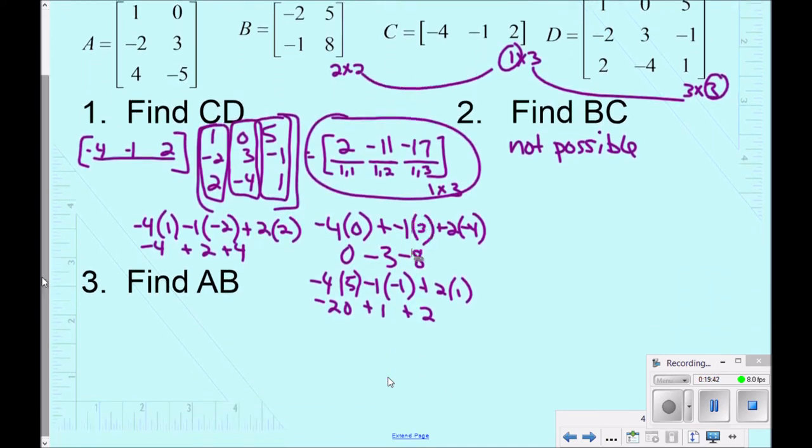Okay. Next, we're going to find AB. So let me find the dimensions of A. That's a 3 by 2. And B, we already said, is a 2 by 2. So checking the inner dimensions, they're the same. And then I know the outer dimensions, 3 by 2, are going to be the dimensions of the product. So I'm going to go ahead and write my A matrix first. 1, 0, negative 2, 3, and 4, negative 5.